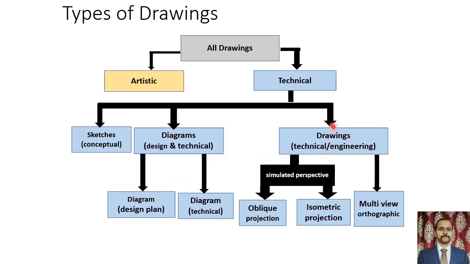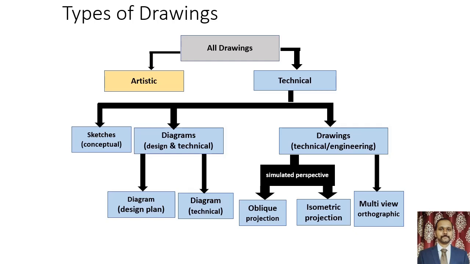So what is drawing? Technical drawings are engineering drawings, which are again divided into simulated perspective and multi-view orthography. Simulated perspective again includes the oblique projection and isometric projection. We have to concentrate on this part, that is, isometric projection and multi-view orthographic projection.